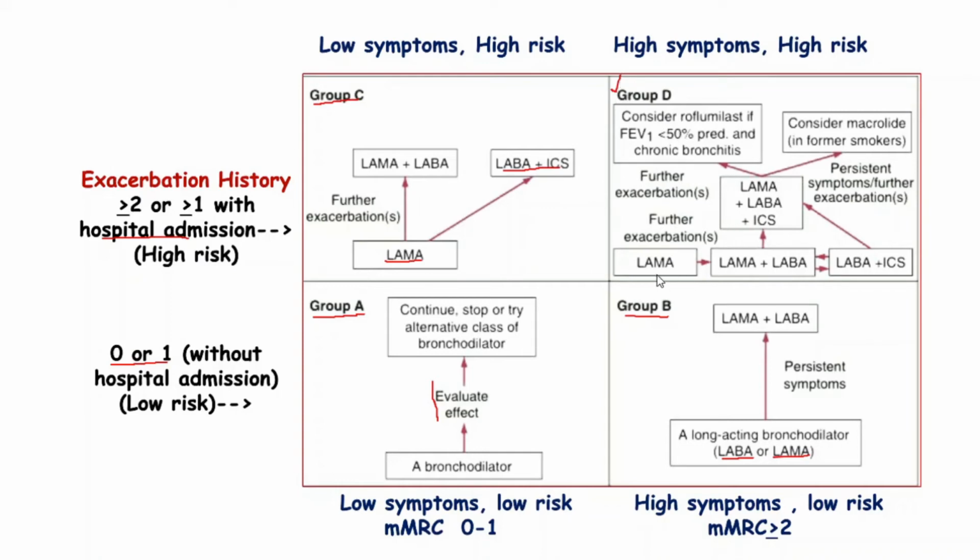They require long-acting bronchodilators, either LAMA alone or further LAMA and LABA combination or LABA plus inhaled corticosteroid. In case of further exacerbations, we have to try a combination of three: LAMA, LABA and inhaled corticosteroid. But if these patients have further exacerbations or persistent symptoms, we have to consider giving them phosphodiesterase inhibitors or macrolides to reduce the inflammation in the airways. So hope this is clear now.